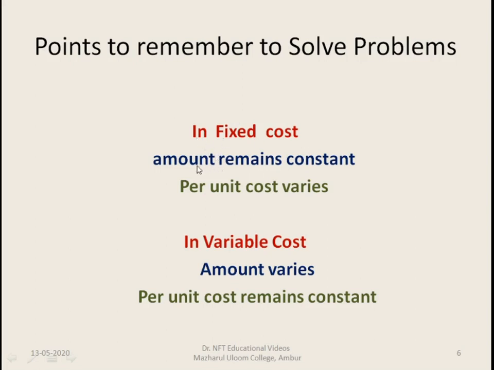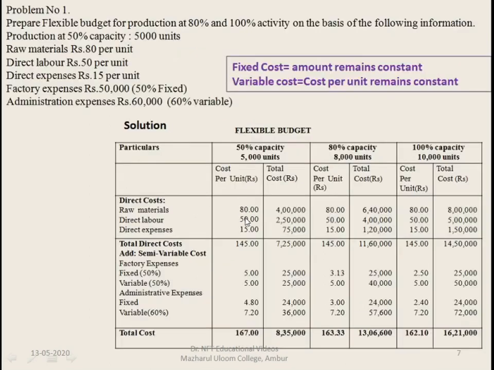In fixed cost, the total amount remains constant, per unit cost varies. In the case of variable cost, the amount varies, but per unit cost remains constant. For solving the problems, you have to remember these things. I told you the logic behind it in the previous slides. Now let us look into the problems.